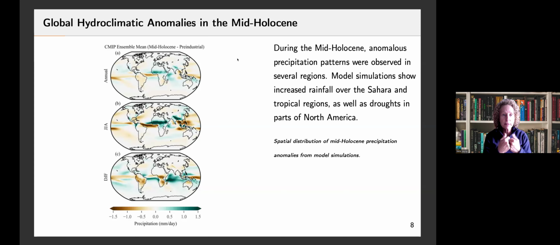And for these mid-Holocene simulations, we can see, especially when we look at the middle panel here, which is the summer precipitation differences, this green shows a significant increase in rainfall over the Saharan tropical regions.